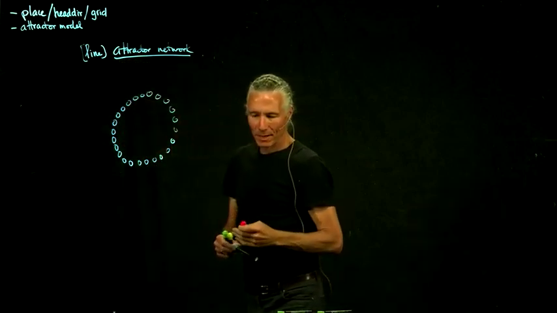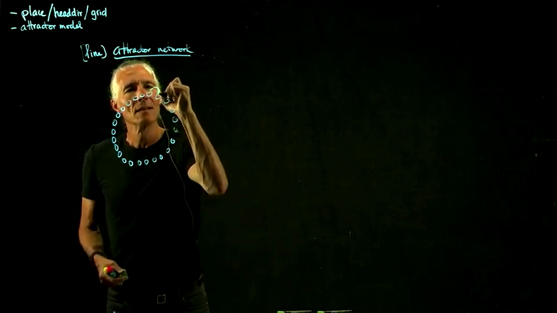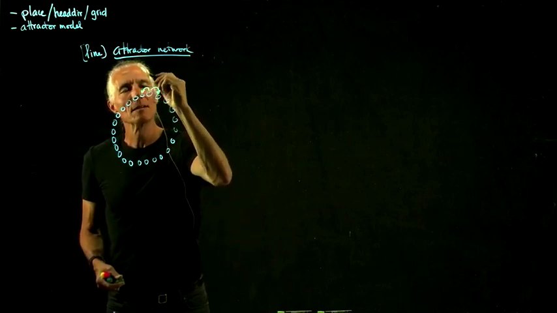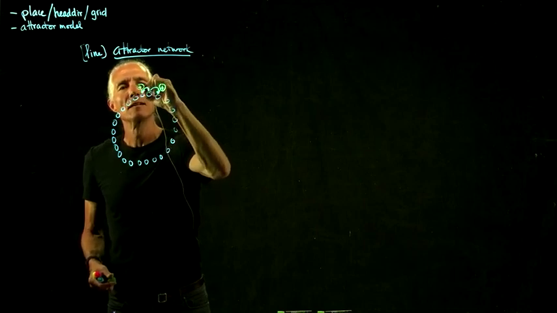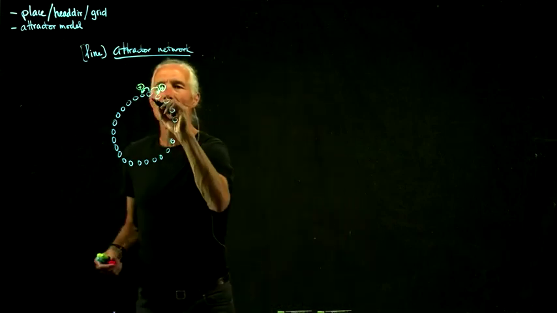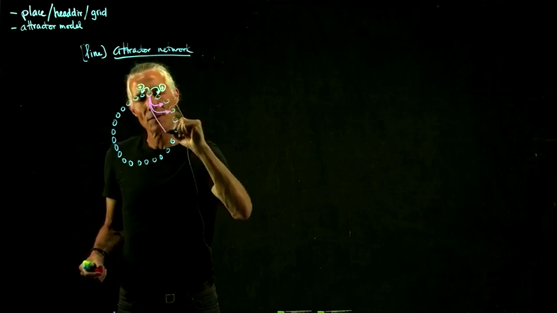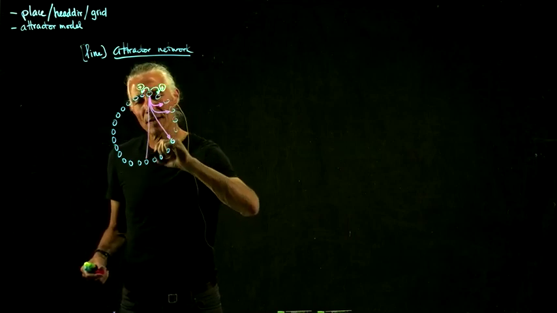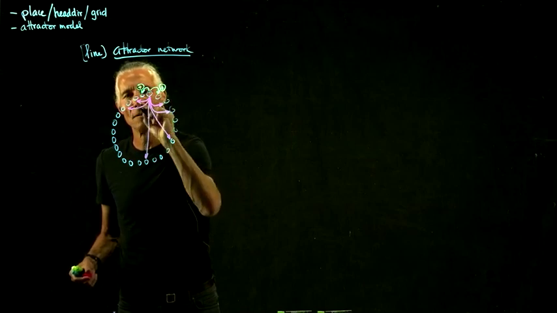And if we put positive connections to nearby cells, so that's plus, and then make negative connections to farther away cells. For the start, let's just make negative connections to all further away cells. So these are all negative.